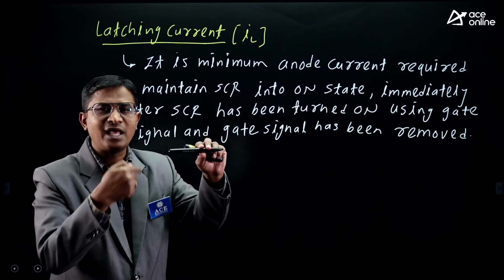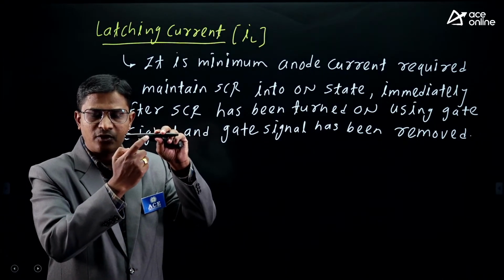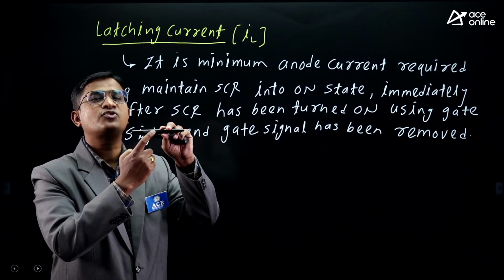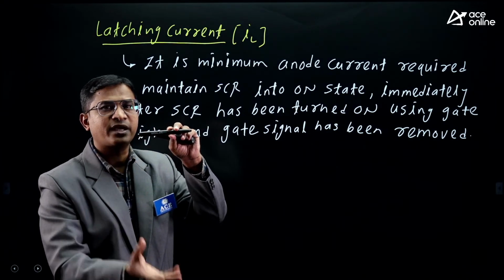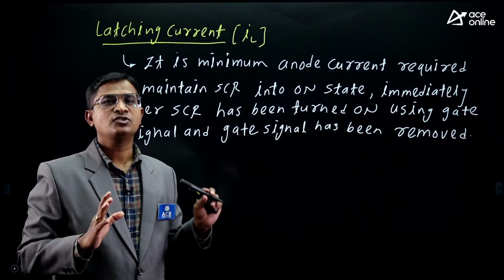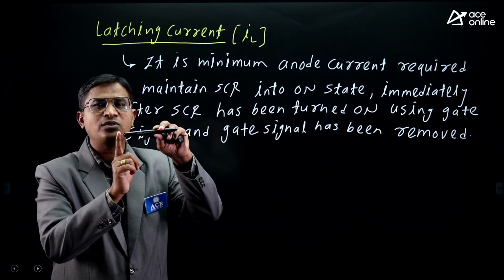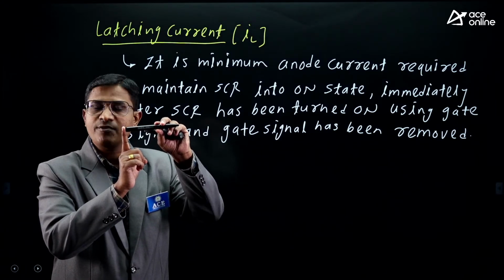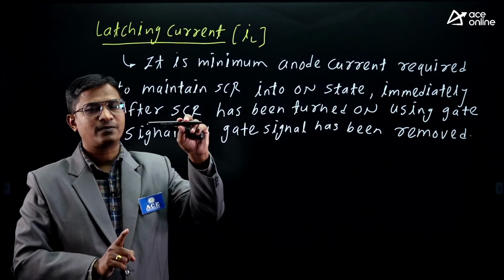That is nothing but the latching current. Latching current is the value of current that should flow through the SCR at the instant of removal of the gate signal. That minimum value of current is the latching current.